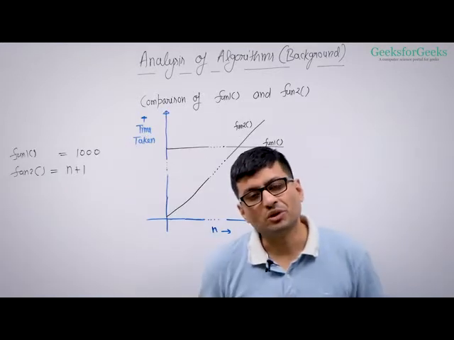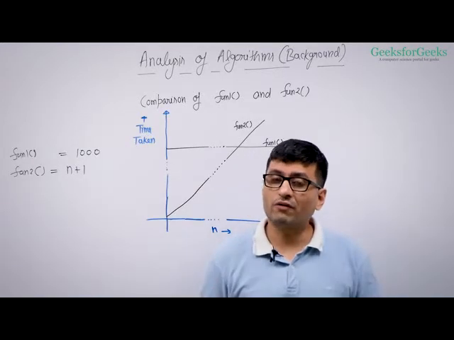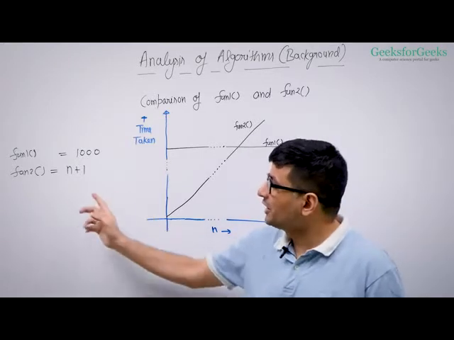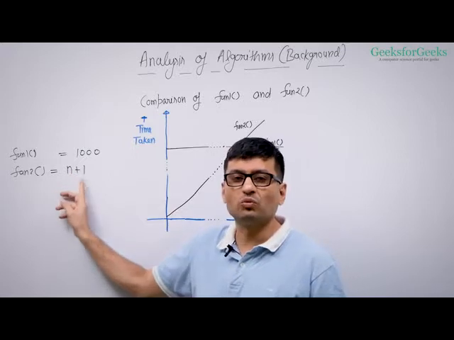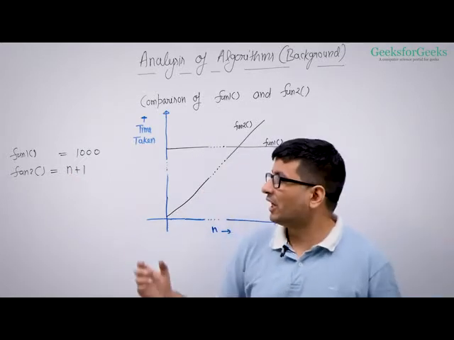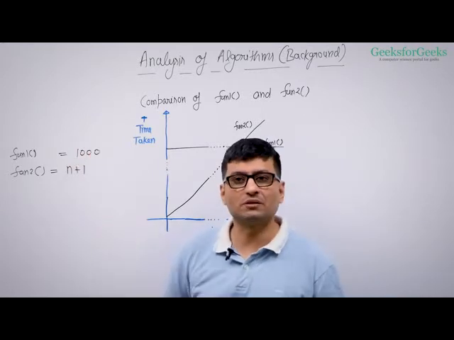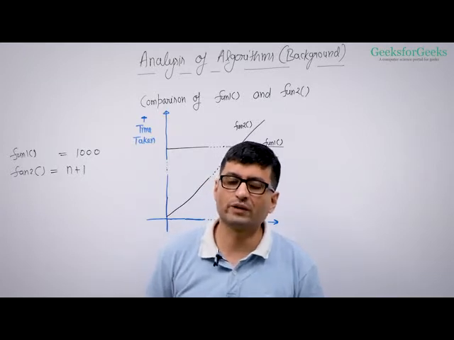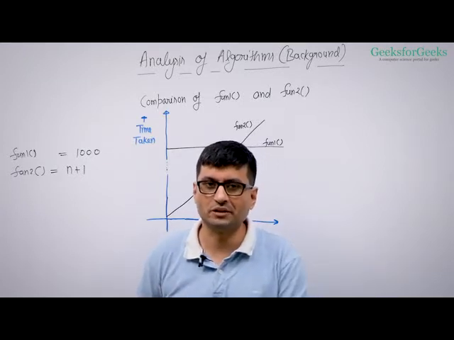Now imagine a situation that your friend brings a faster machine, right? And values of C2 and C3 reduce to 1 and 1 or 2 for your friend. And it gives you a slower machine, and the value of C1 becomes 1000 for you. Maybe now you are running on your mobile and your friend is running even on a faster machine.